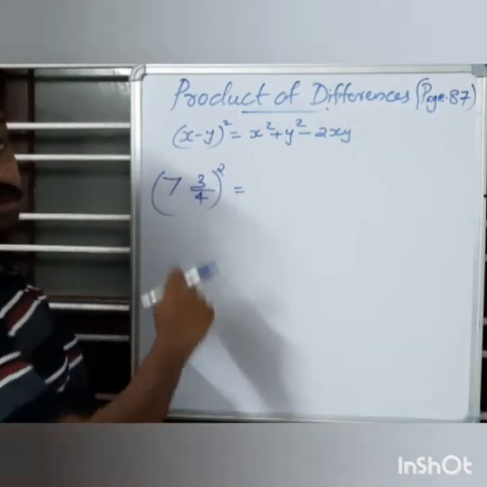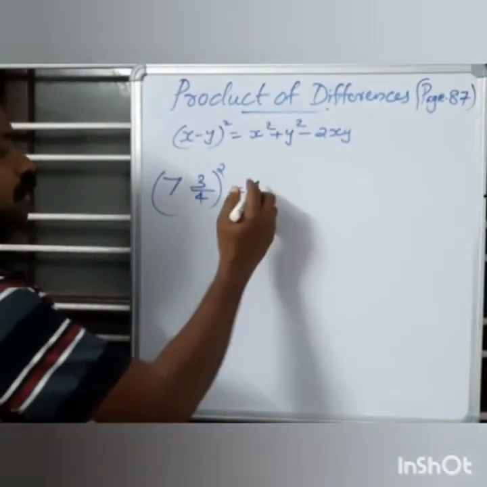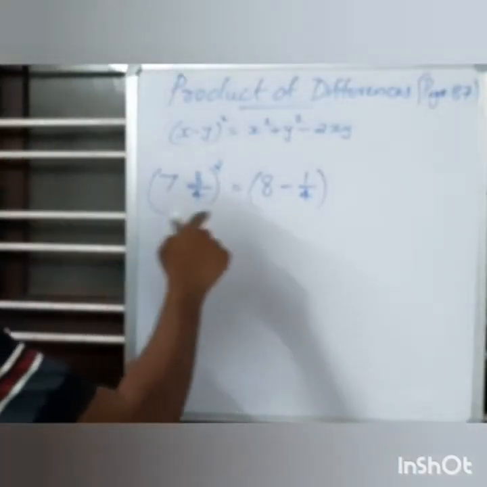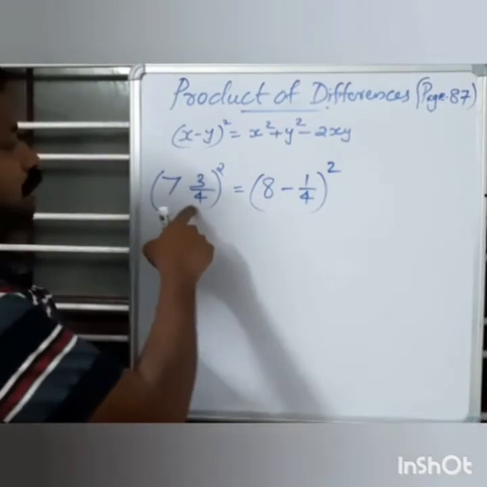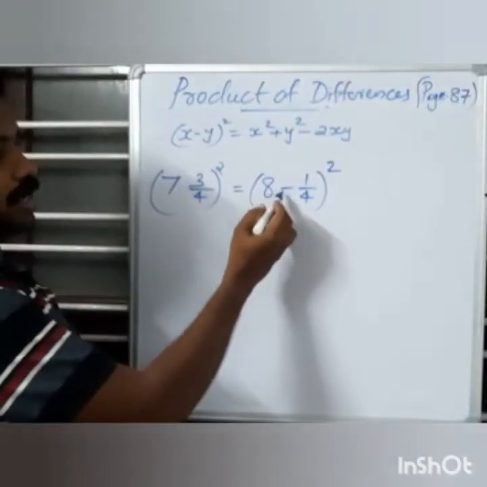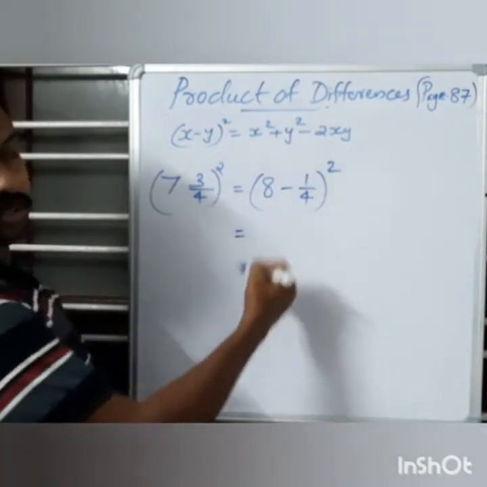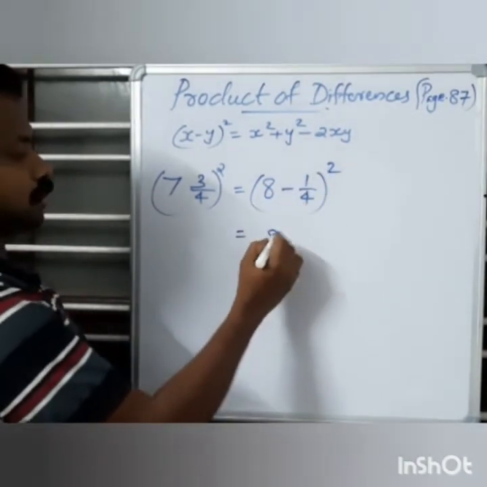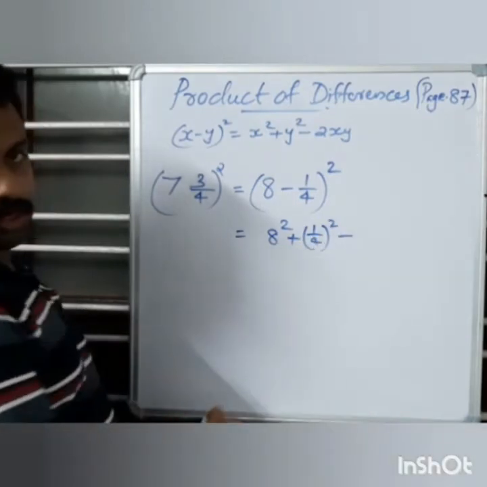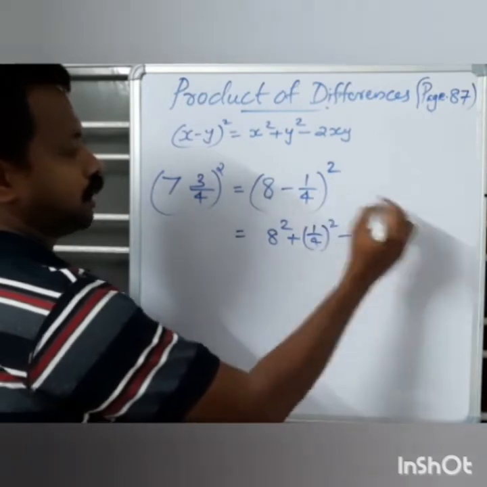7 3 by 4 square. We should write down in terms of x minus y. So this we can write as 8 minus 1 by 4. 8 minus 1 by 4 square is 7 3 by 4. So it is x minus y whole square form. 8 square plus 1 by 4 whole square minus 2 into x into y.